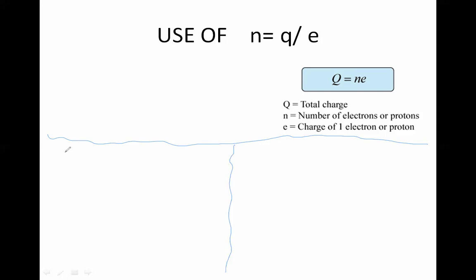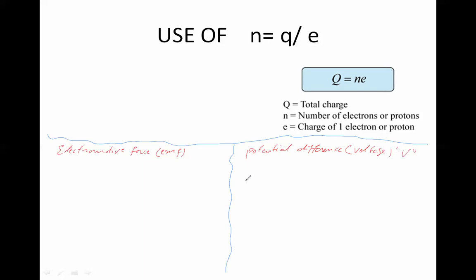The question is, what is the difference between electromotive force, named as EMF, and potential difference, which is also called voltage? The symbol is V.